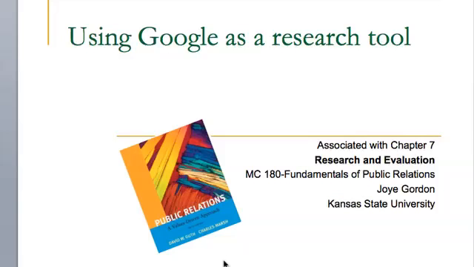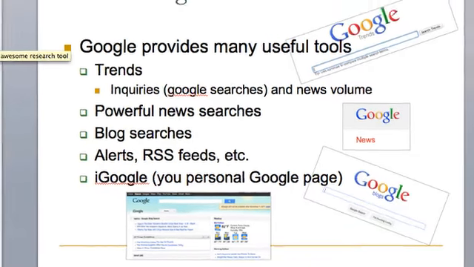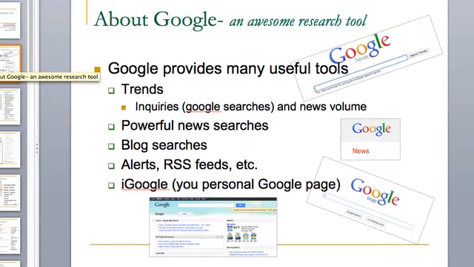To show you some of Google's research tools, we have looked at Google Trends, how to search Google News, how to use the Google blog search function, and also how you can use iGoogle as a way to have specific information pushed to you about what's going on in blogs, but you could also use that for what's going on in traditional news.